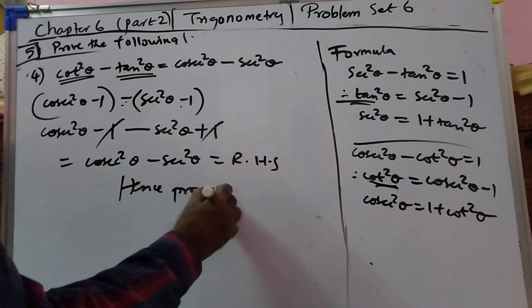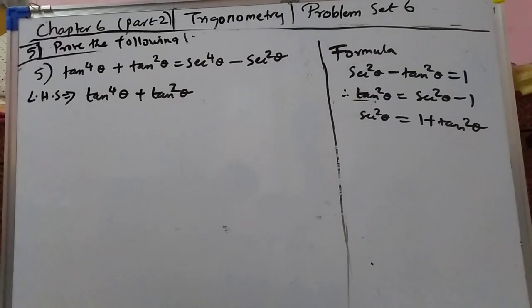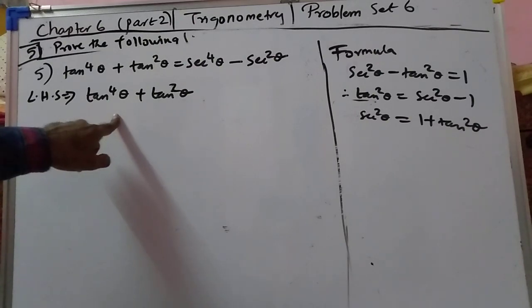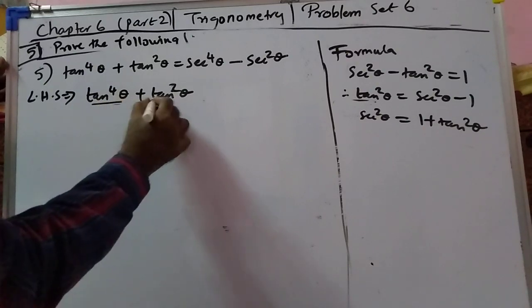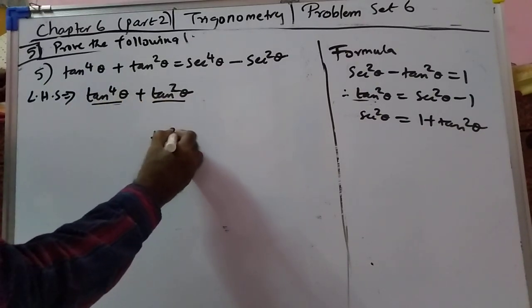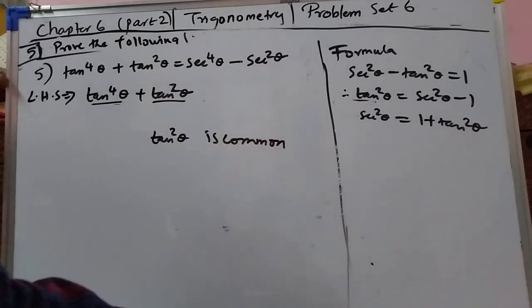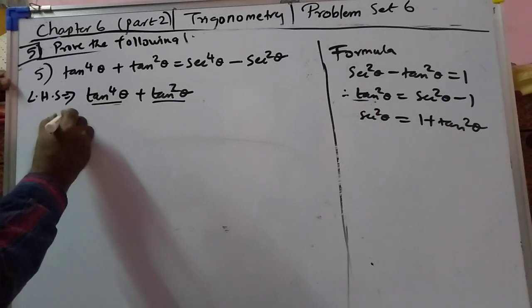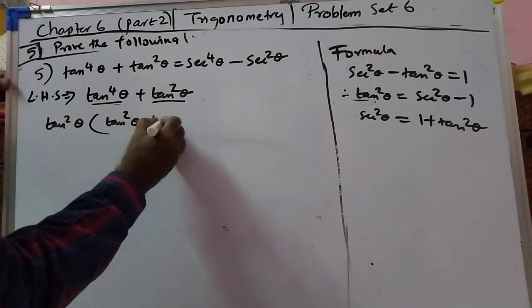Okay. Next we'll do the fifth problem. Fifth problem. Okay. The left hand side is this. Tan square theta is common, is it there? Okay. Tan square theta is common. So take it outside. It will become tan square theta times tan square theta plus 1.